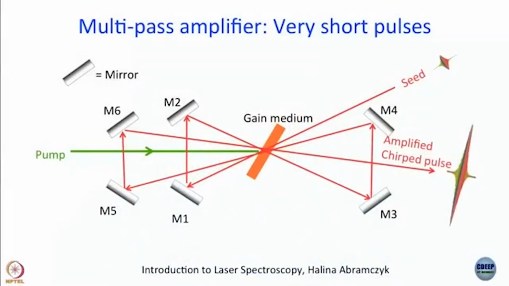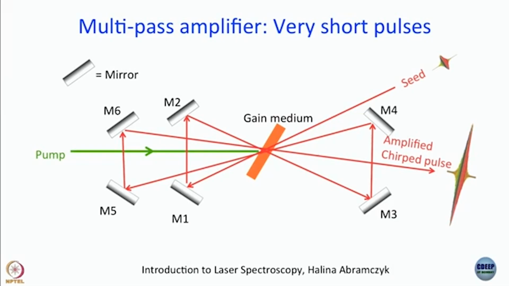So, right now we are discussing the different designs and materials that can be used to make oscillators and amplifiers. And as a recap, we have discussed two kinds of amplifiers. One is a multipass amplifier, in which the seed goes through the gain media multiple times, and this is used for very short pulses.